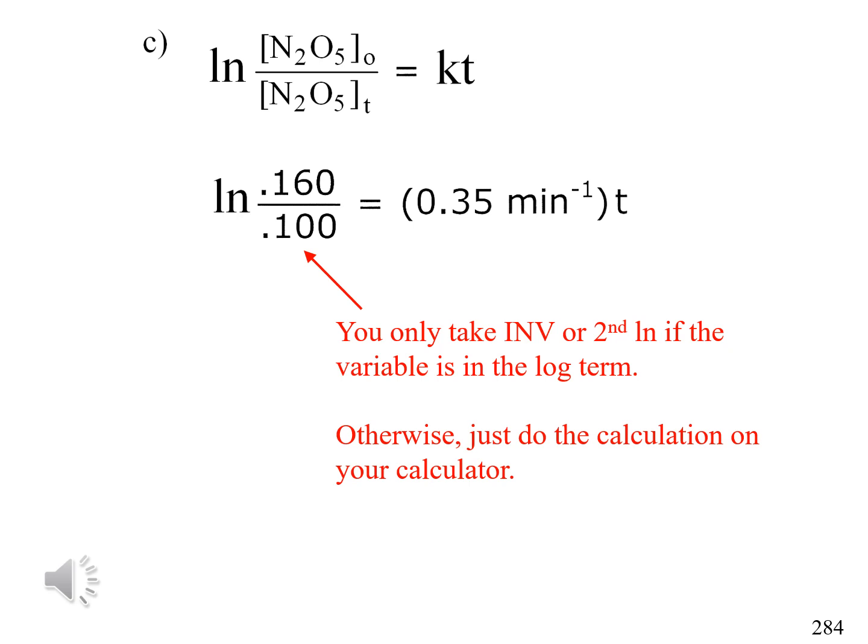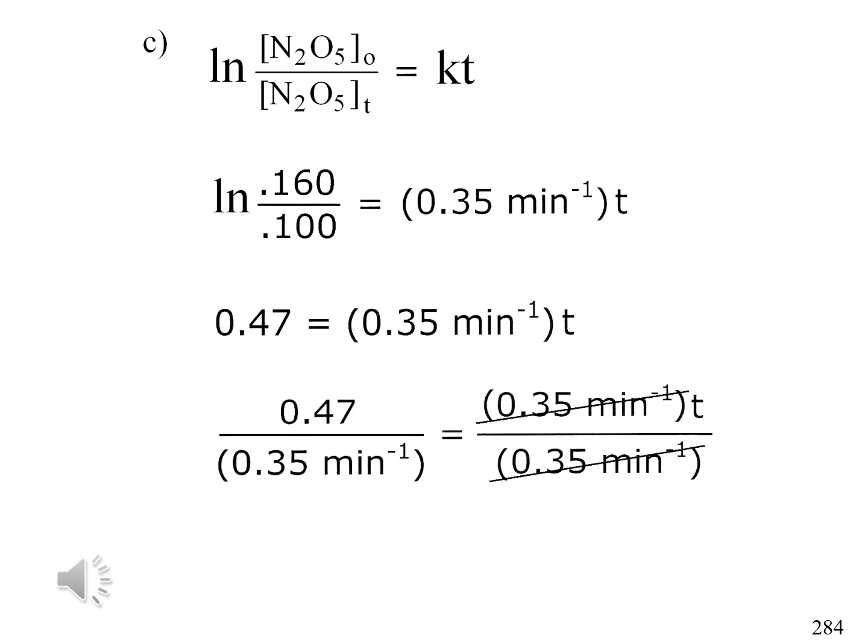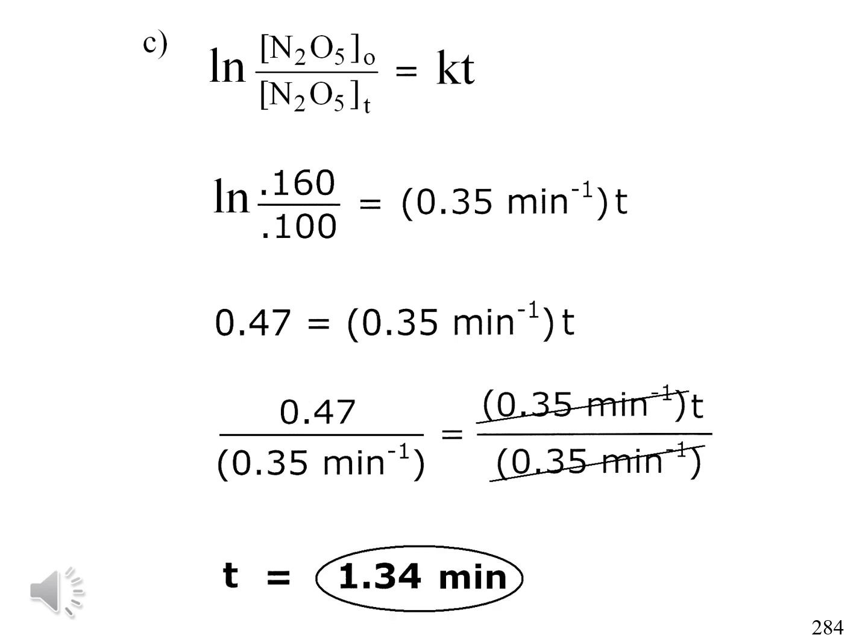The variable is on the other side. So that ln comes out to be 0.47, and now you have to solve for t. If you divide both sides by what's next to the variable, 0.35, you'll get the time. It comes out to 1.34, and our estimate, remember, was about 1.3 from the graph. So I would say we're 2 for 2.